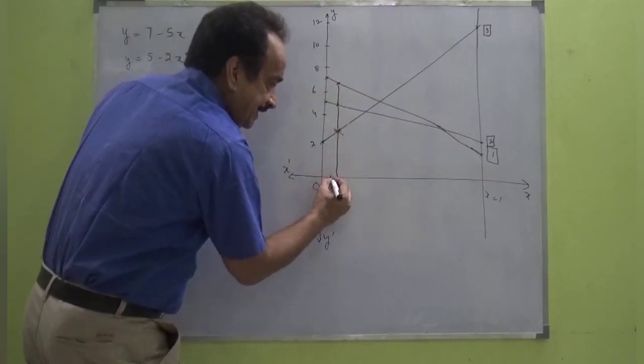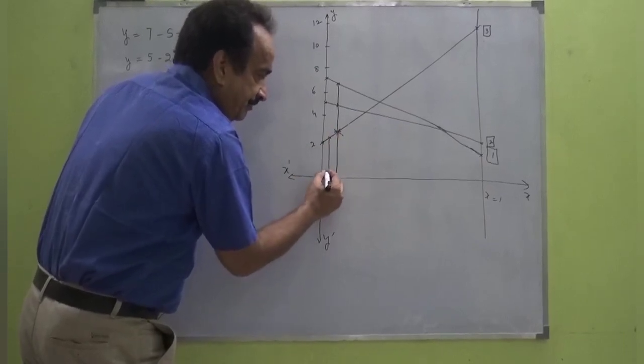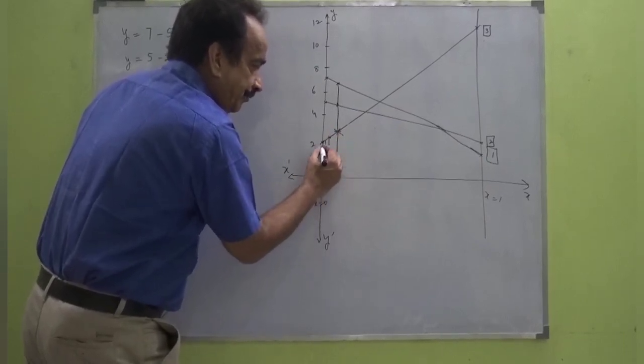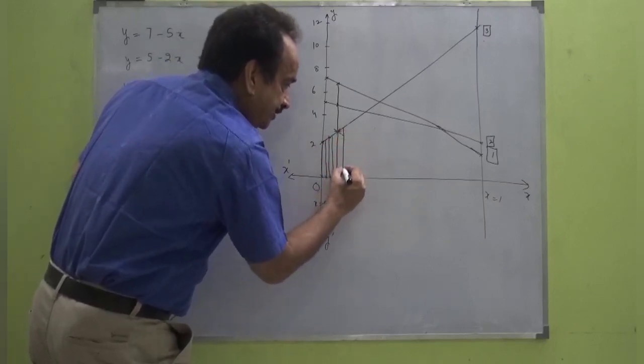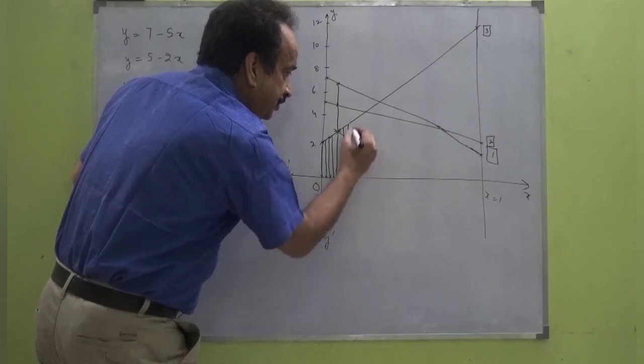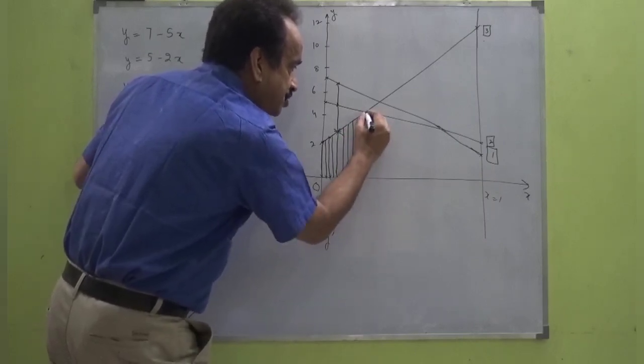Likewise for every x. So for each x in 0, 1, P1 is sure to get the minimum of the 3 ordinates, and these are the shaded ones.